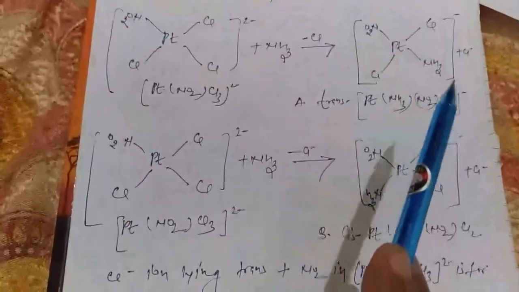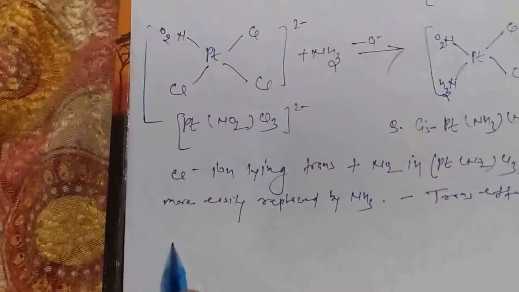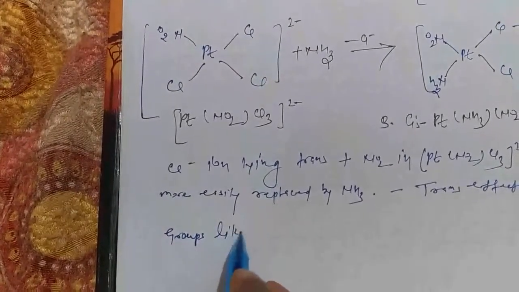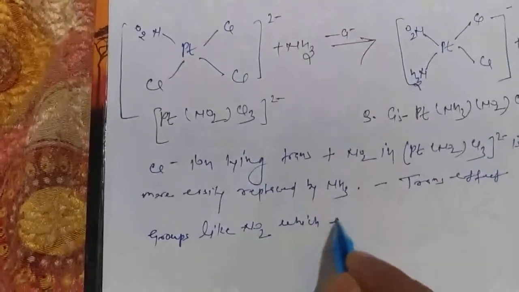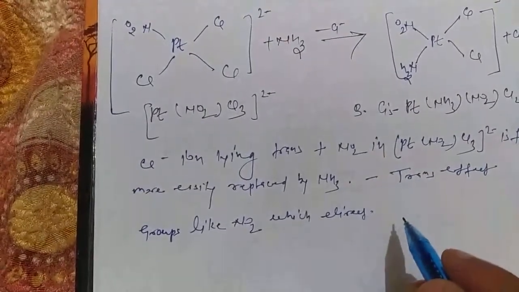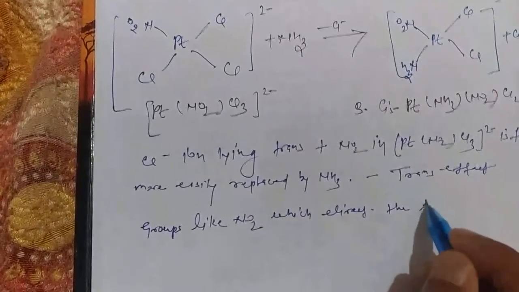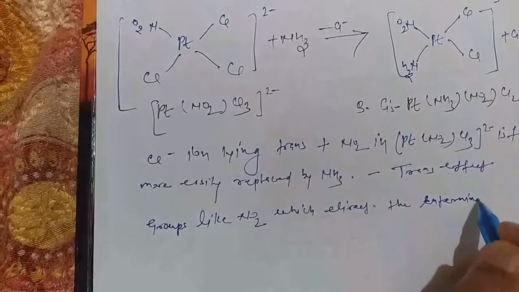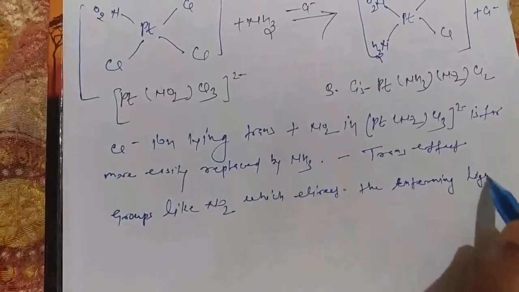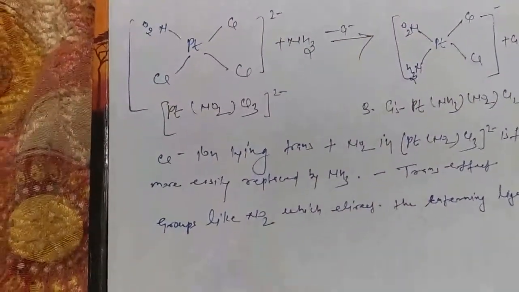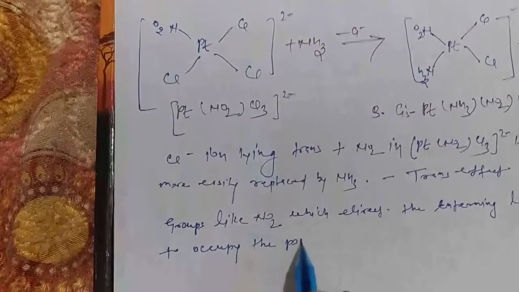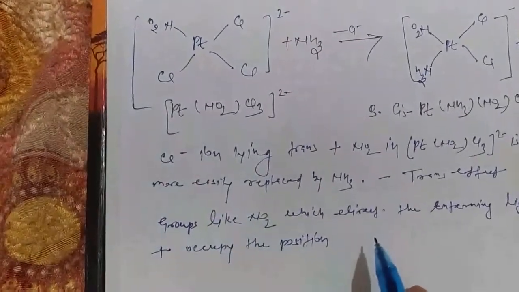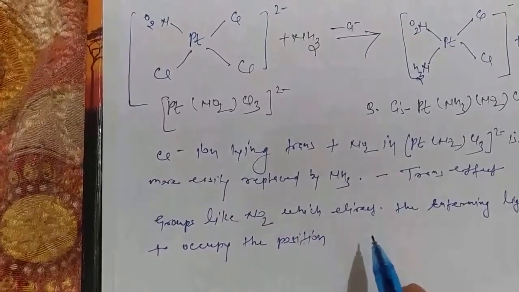As you can see here, because of this group, NO2-like groups direct the entering ligand to occupy the position trans to them.